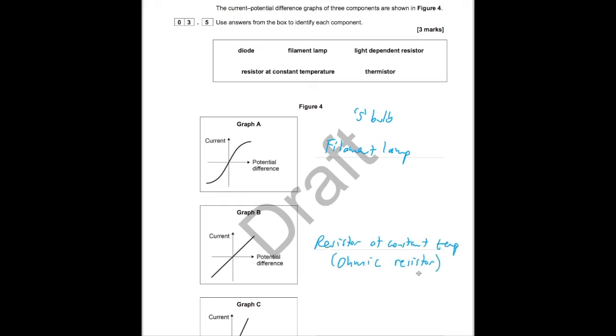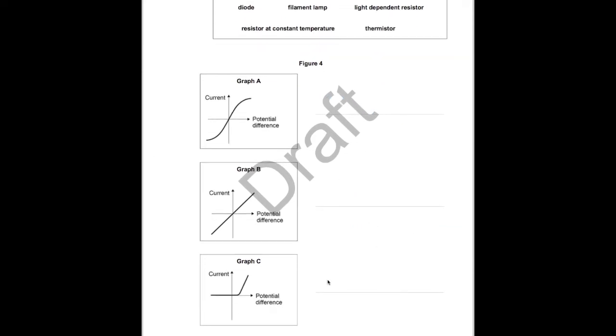I've said ohmic resistor just in case they have that as an option next time. And this is a diode. A diode does not let current go in the reverse direction, it only lets current go in the forward direction. It always takes a little bit of voltage there as well, about 0.6 volts, before the current does start to flow in a positive direction.